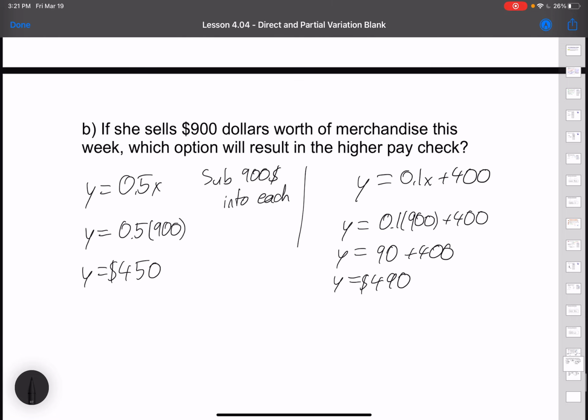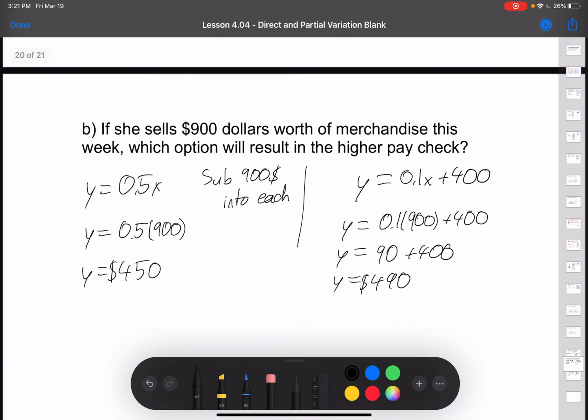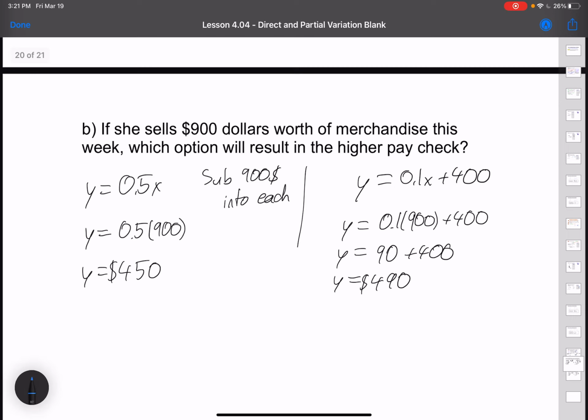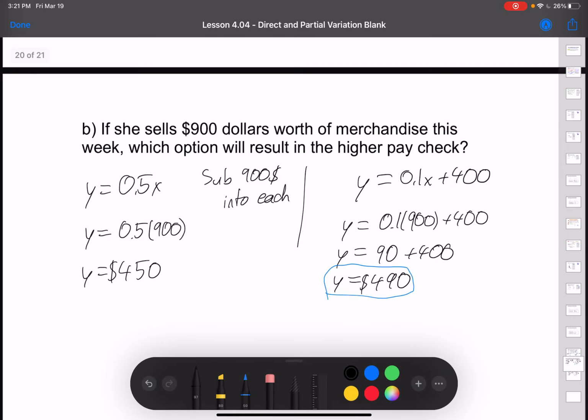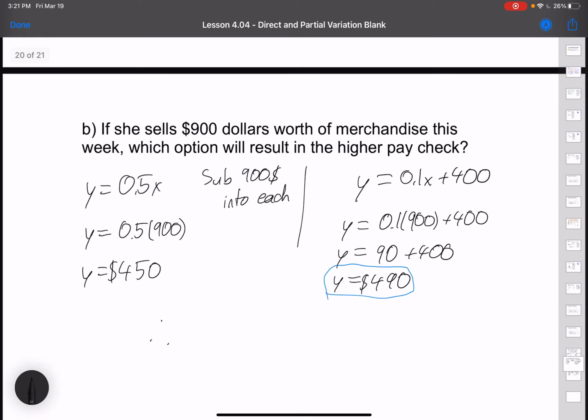So there you have it. The second option is definitely the better option because it's the higher paycheck. And as usual, it's a word problem, so throw on a therefore statement. So therefore, option 2 is the higher paycheck at $490.